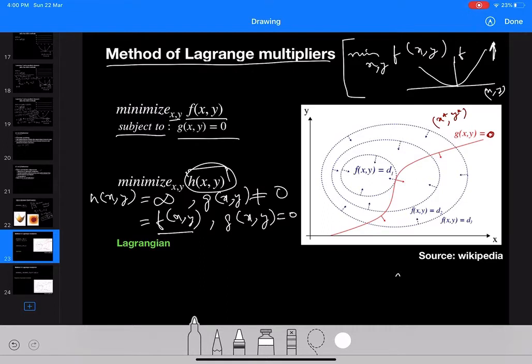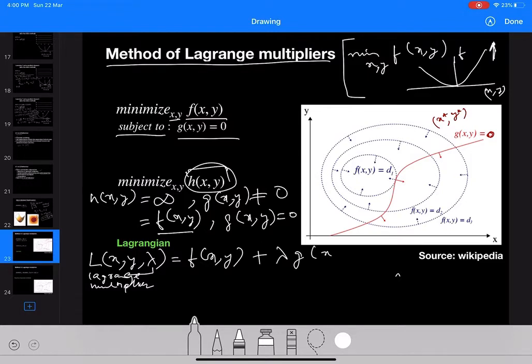For that, we'll define something called a Lagrangian, which is L of x, y, and lambda. This lambda is called a Lagrange multiplier. It is equal to f of xy plus lambda times g of xy.